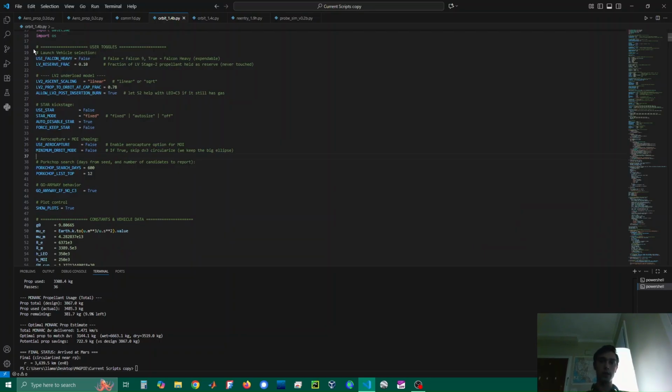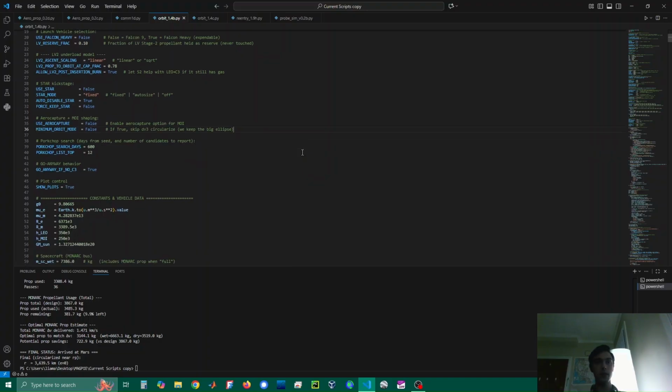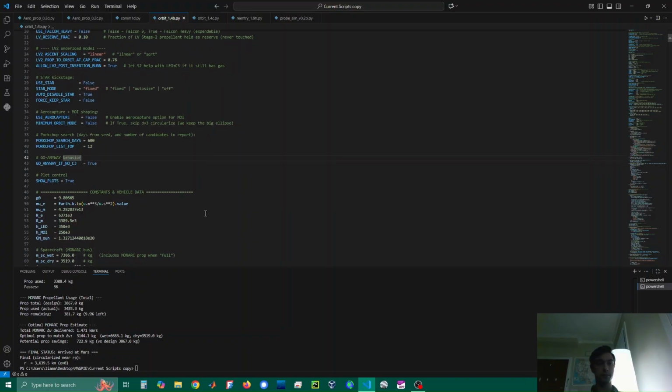So right now, as mentioned in the launch vehicle video, I use the Falcon 9, but in here I have a toggleable Falcon Heavy. I also have a reserve fraction. It was used in previous versions, but now I just have a printout of how much fuel is left on the second stage, because I think that's more important than arbitrarily being like 10% for reserve.